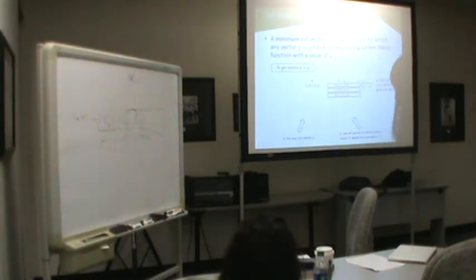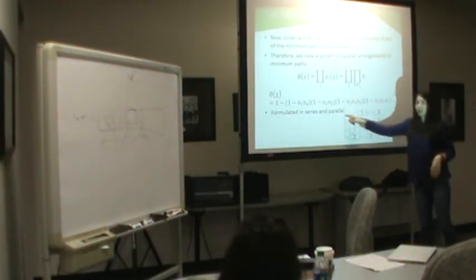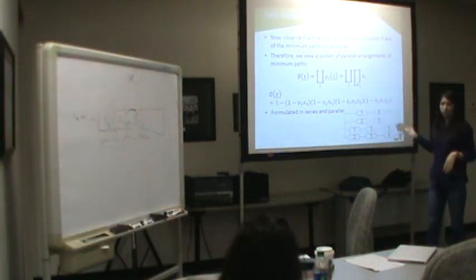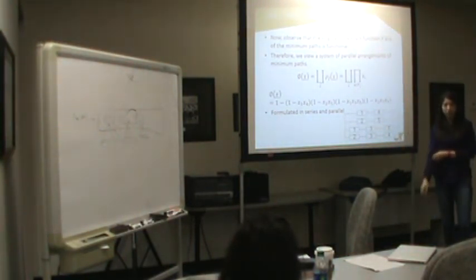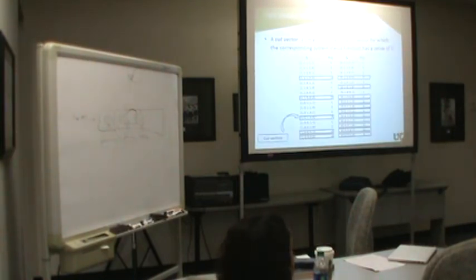Because in the first row, you can see that we have a parallel structure. So if we go from the first row, we have 1 and 4 working, and the whole system works. So we can check it by all the combinations that we have.